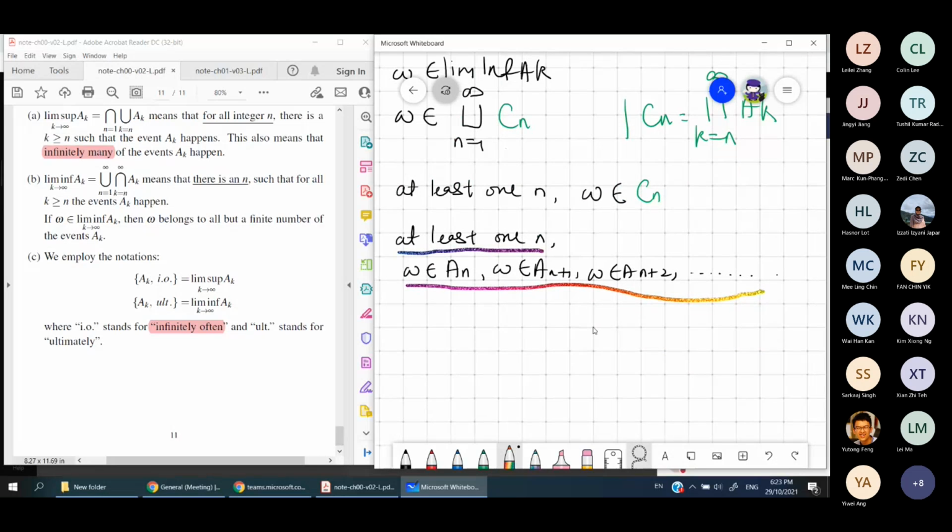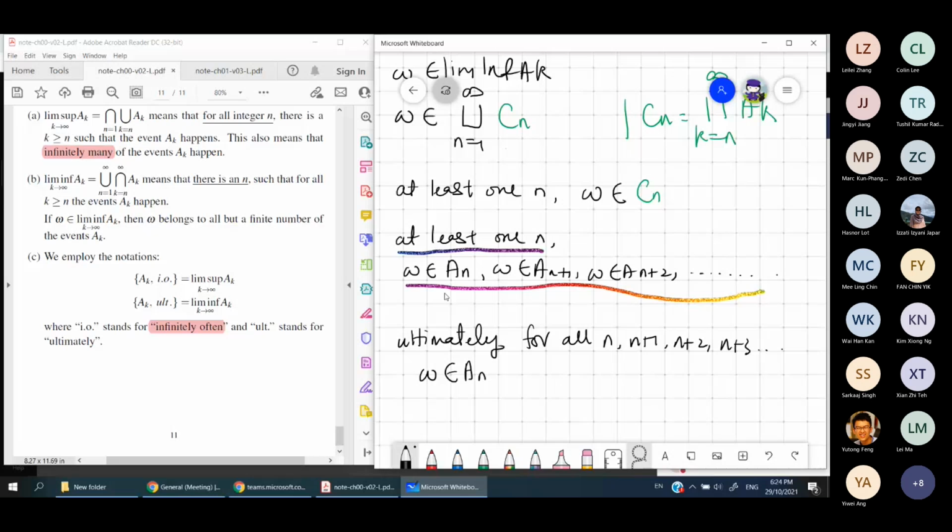So that's why this represents another phenomenon. We call it ultimately or eventually. So that means eventually we can say that ultimately this omega will belong to A_n for all the n plus 1, n plus 2, and n plus 3, and so on.